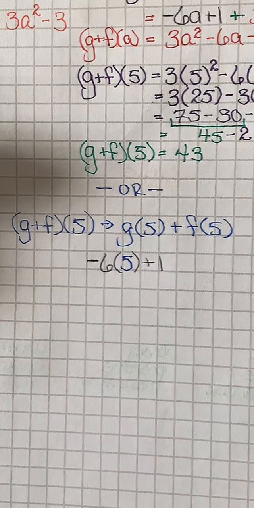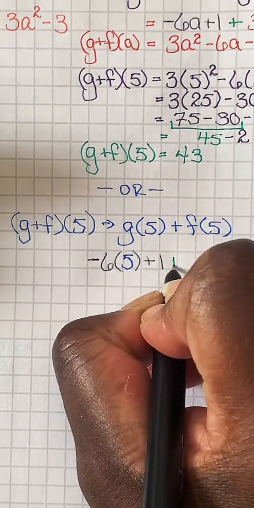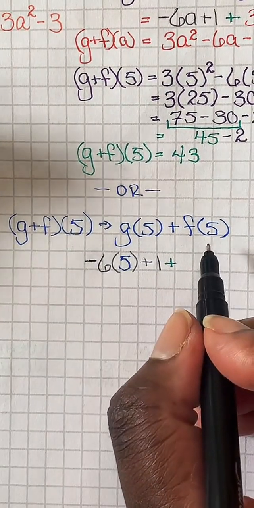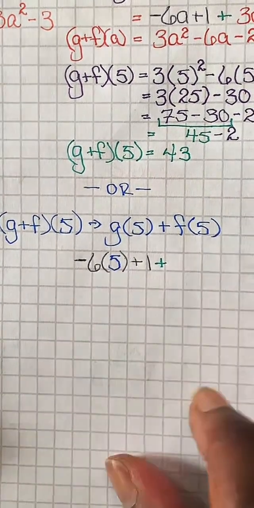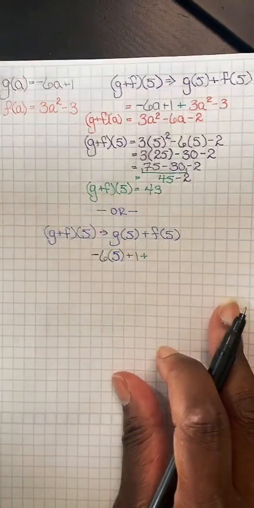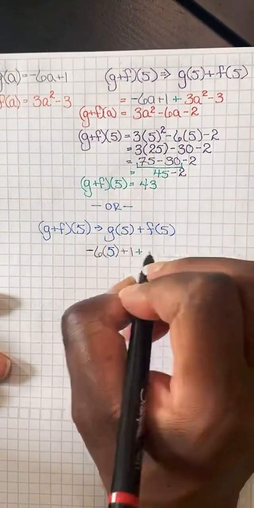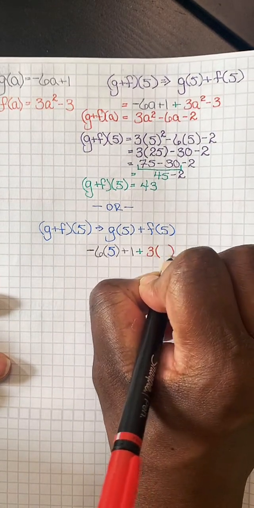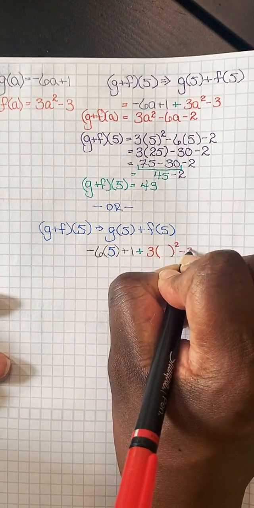Then we are adding it to my F of 5. Now F of 5 dealt with 3 times that 5 squared minus 3.